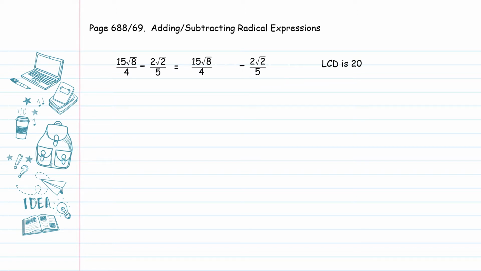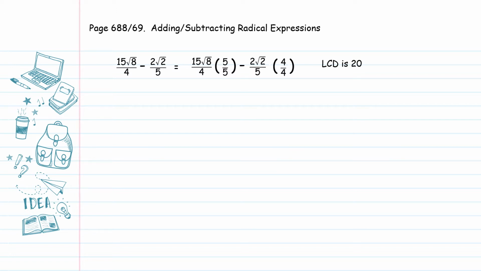Let's rewrite the expression, leaving room for what we need to multiply both terms with so that we have an LCD of 20. For the first one, we'll multiply by 5 over 5 to get the denominator 4 to equal 20. Then the second one, we'll multiply by 4 over 4 to get 5 to have an LCD of 20.